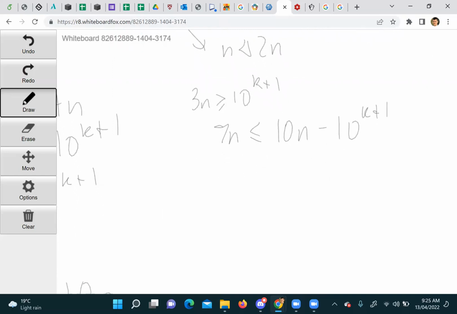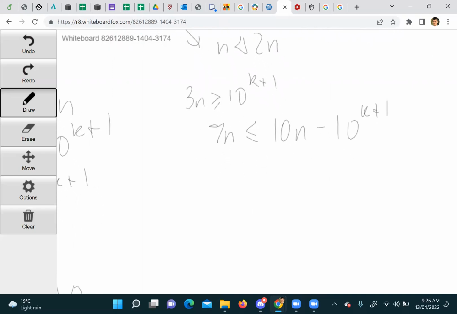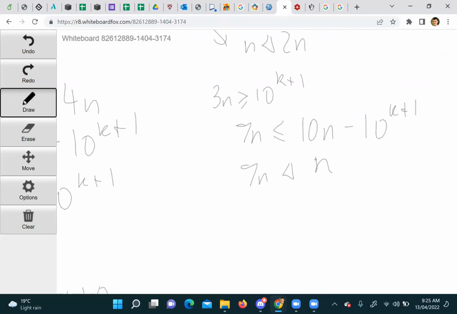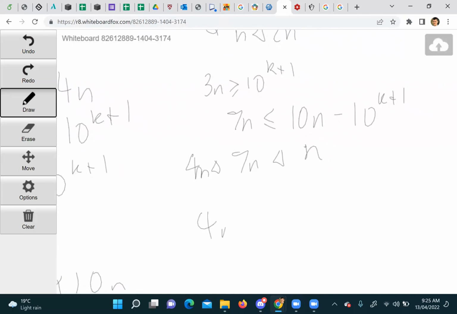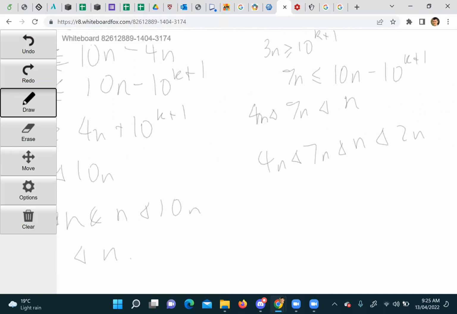So that shows that 7N is smaller than N, right? So if you do it again, you get 4N is smaller than 7N, right? So for example, now you have 4N is smaller than 7N is smaller than N is smaller than 2N, right?